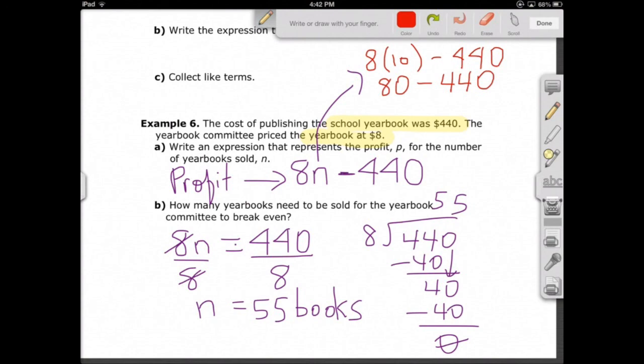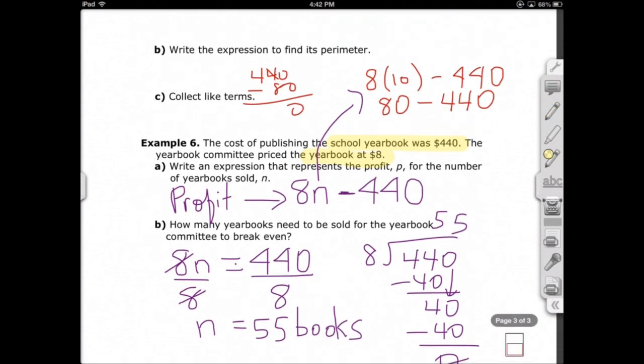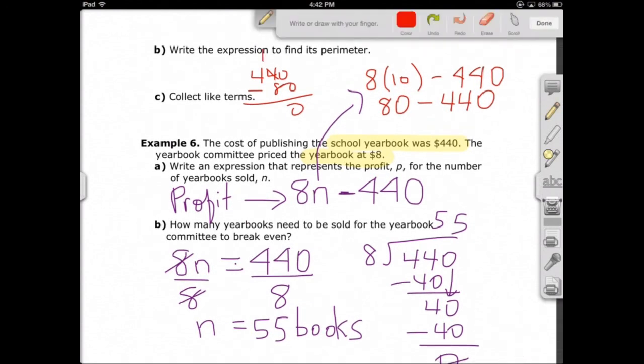Now, a quick way to do this, 440 minus 80. Just doing a little manual work here. 360, so you can see where the numbers come from.